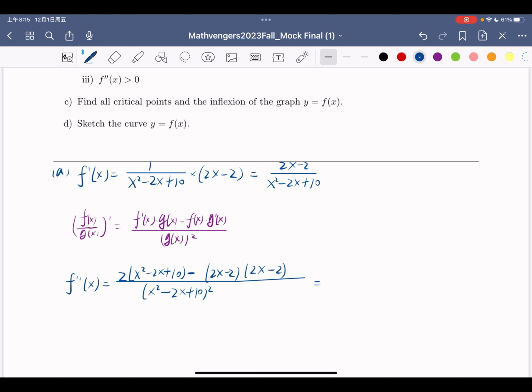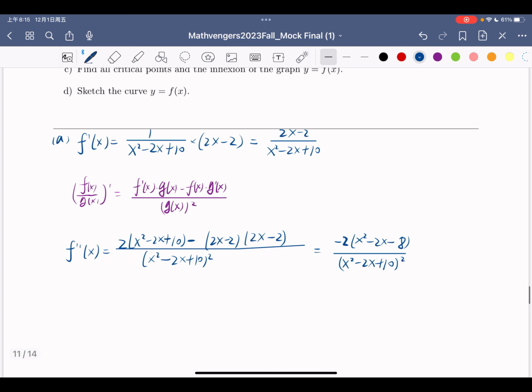The numerator is minus 2 times (x squared minus 2x minus 8) over (x squared minus 2x plus 10) square. Now we finish part A. We already computed the first derivative and the second derivative.